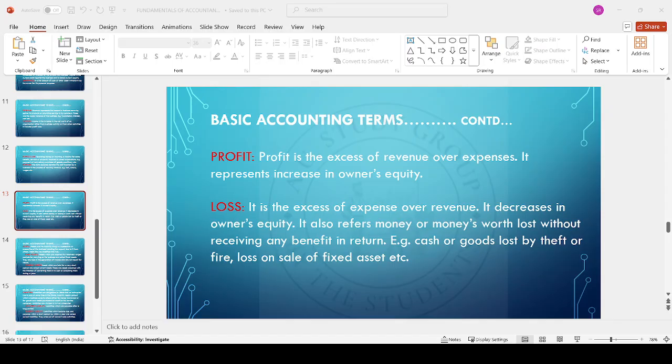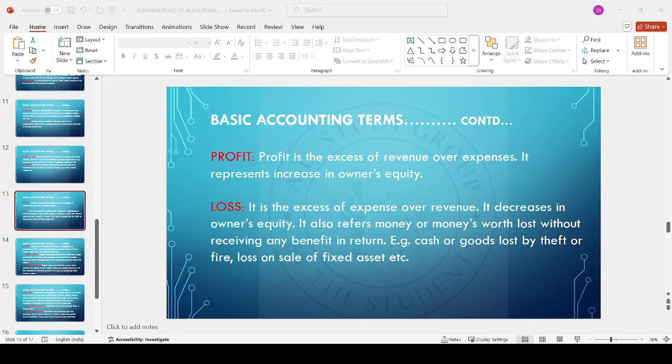Let me repeat that again. Profit is what is left over when the business's total revenue exceeds its total expenses. If your total revenue is 1 lakh and your total expense is 90,000, your profit is 10,000. That is profit.